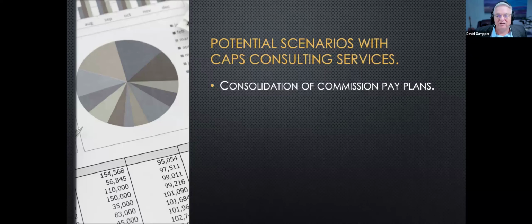So we do see a consolidation of commission pay plans as a real big opportunity to manage your commission management, to make it more simple, make it easier for your managers to select plans to put new recruits in, but also to really do that evaluation of, are your plans really making the company dollar?